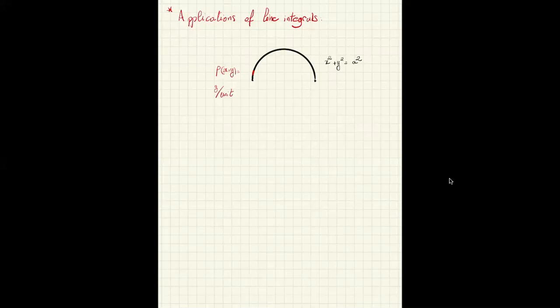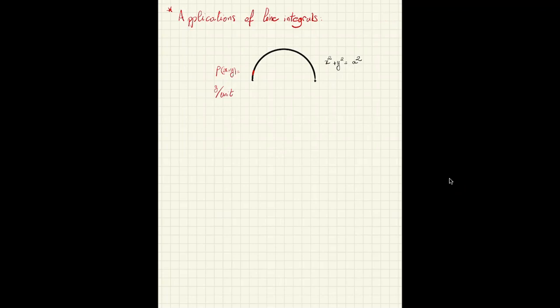In the case of 2D, remember, a mass density was grams per unit square, and it's an instantaneous function, which means that it's evaluated at a point, not uniform throughout the region.